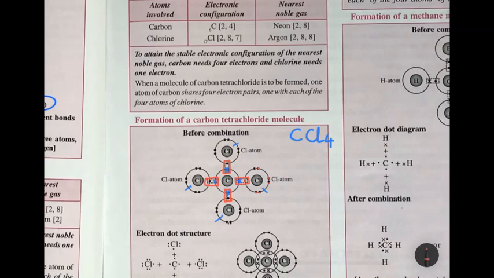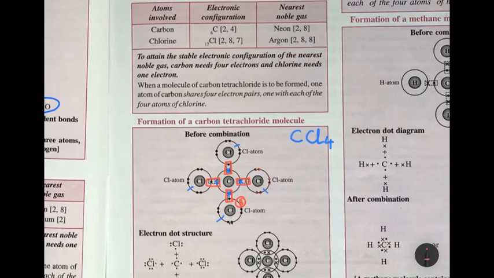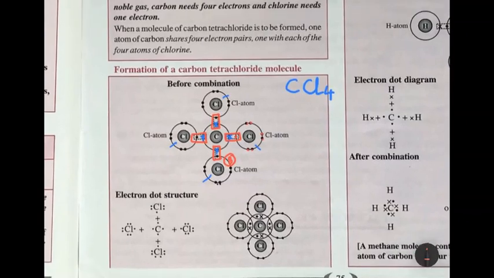So now each chlorine you will see will have 8 electrons, octet configuration. And similarly carbon also had 4, and when it is sharing 1, 1 with 4 chlorine atoms, 4 plus 4 will give 8. So it becomes octet configuration, it is stable. So this is the electron dot diagram that you are going to draw.